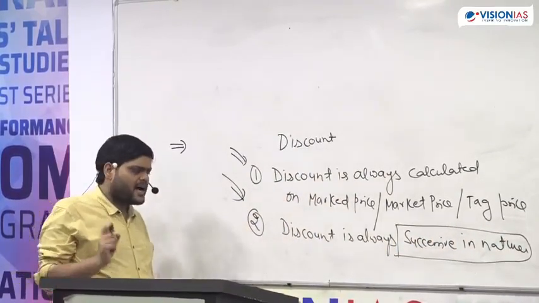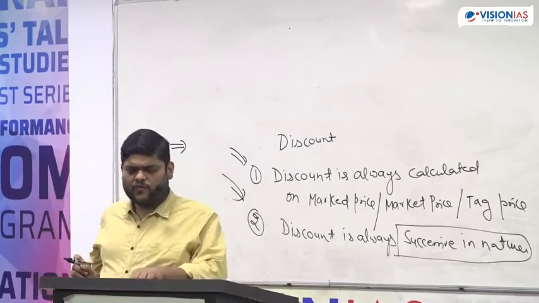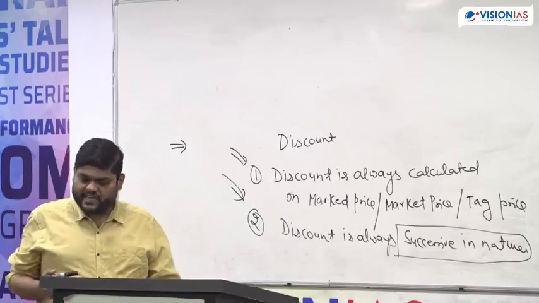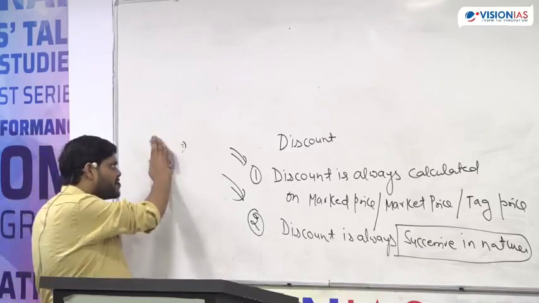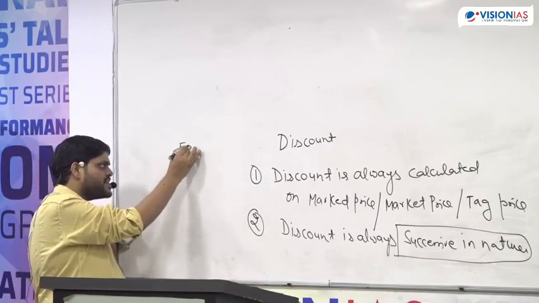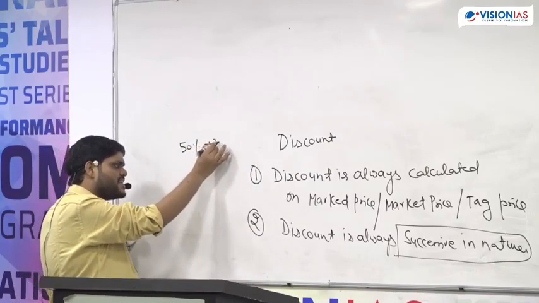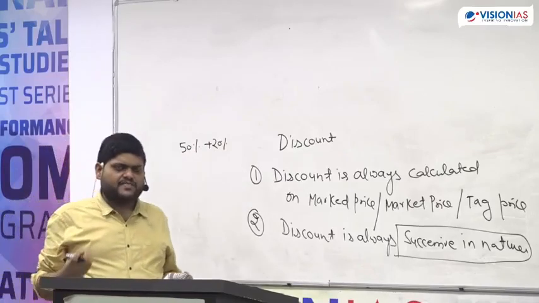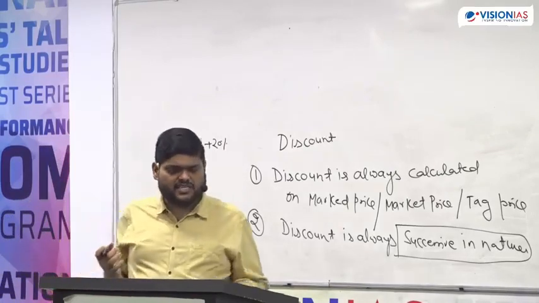Now, understand, whenever you are going to any shop and they are giving some 50% plus 20% discount, or like 50% discount. Sometimes they have written like up to 50% discount.